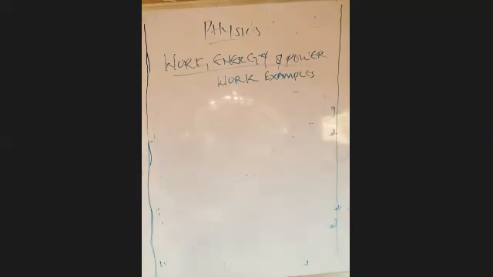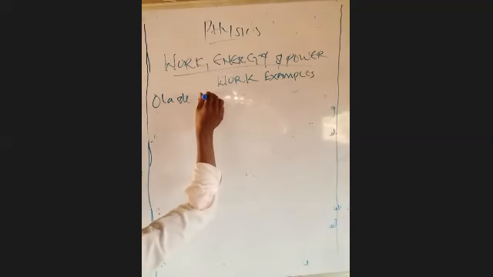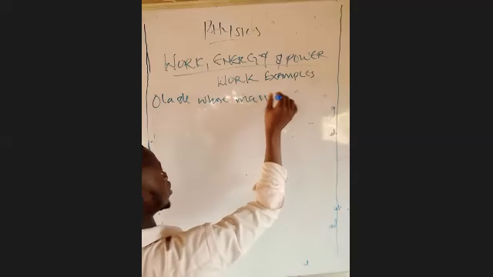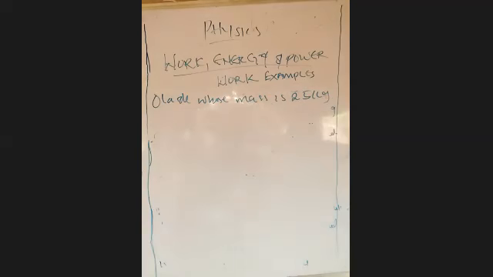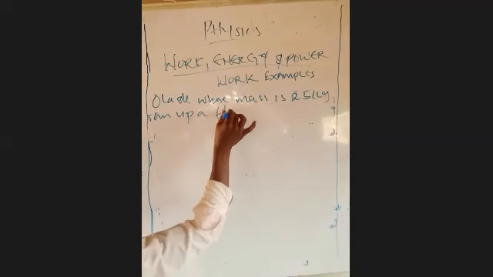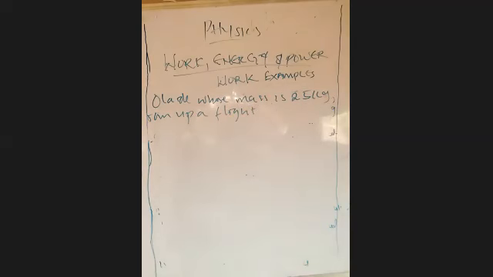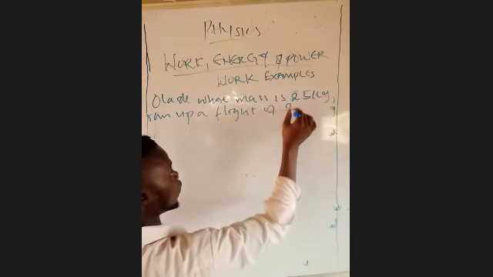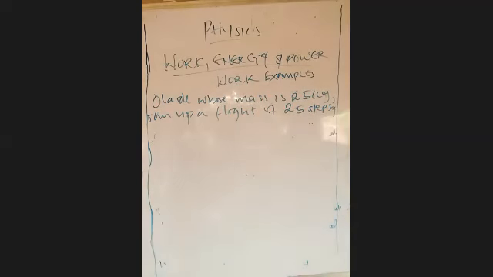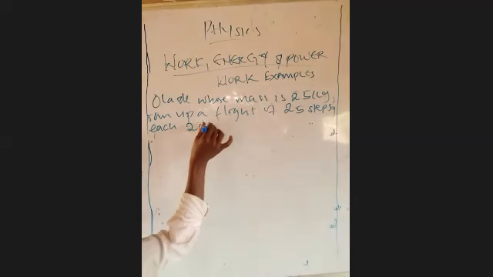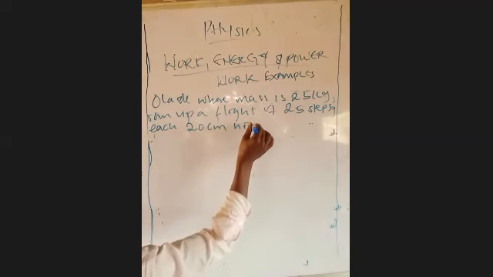Now let's look into this question. Olaide, whose mass is 25 kg, ran up a flight of 25 steps, each 20 centimeter high.